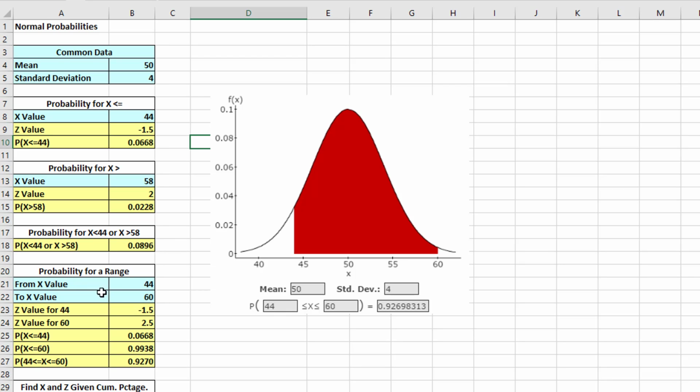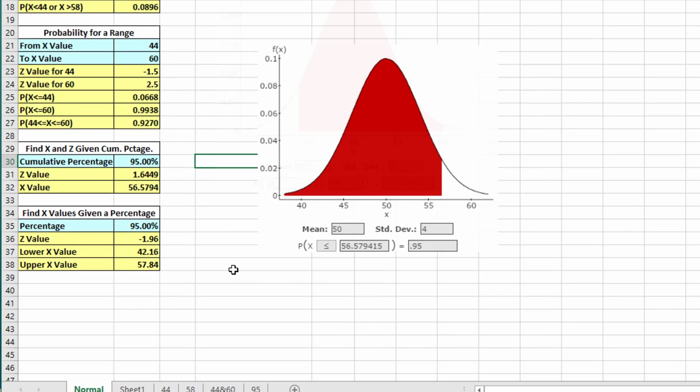And down here is the inclusive range from 44 to 60, or from a minus 1.5 Z to a plus 2.5 Z. Gives you the probability for less than 44, which is 0.068, and the probability of less than 60, both of them the left tails. So you can subtract that from that to get the probability in between of 0.923.